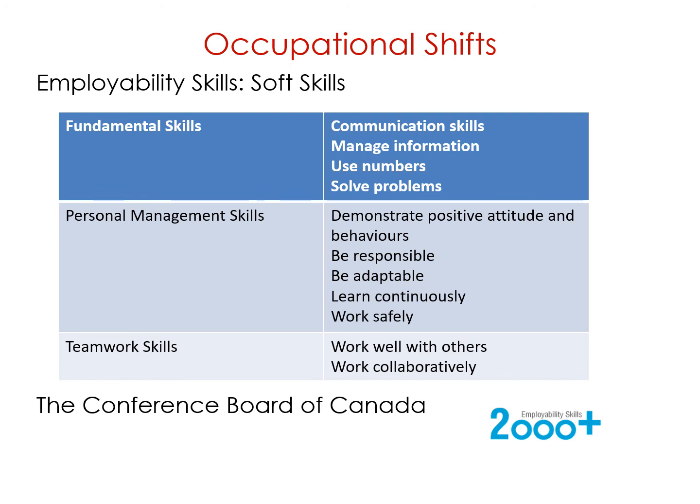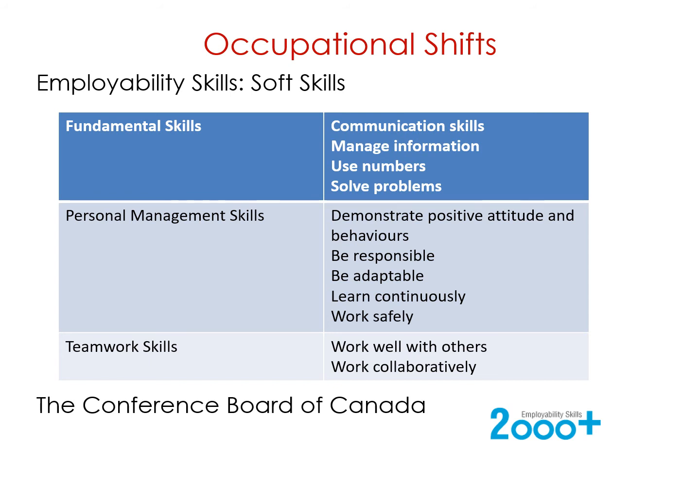So 20 years ago, I can't believe it's already been 20 years, but in 2000, the Conference Board of Canada got together with major organizations within Canada to sort of address this. What are the occupational skills that are needed for the millennium?